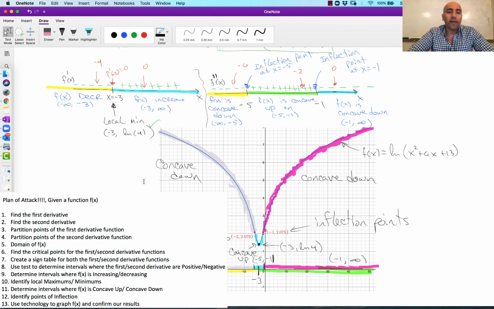Once you have all that, then you have to create a sign table and use some test points to figure out whether the first or second derivative is positive or negative in those intervals. And then from that, make conclusions about the underlying function f of x, whether it's increasing, decreasing, whether there is a local maximum, a local minimum, whether the function is concave up or concave down, and whether there are inflection points at all those values.